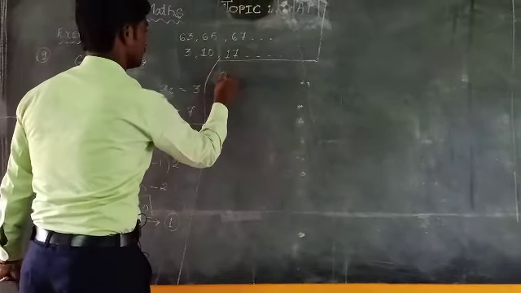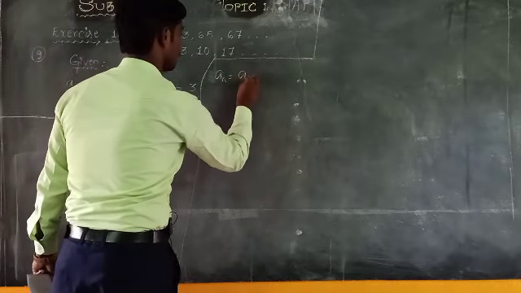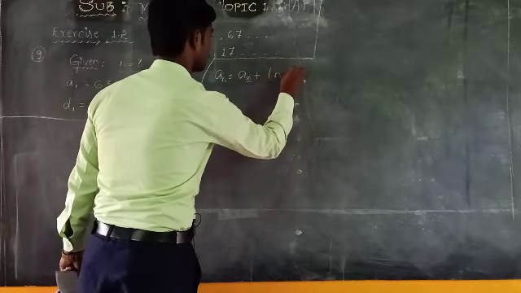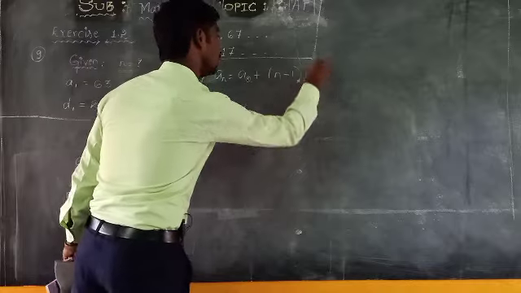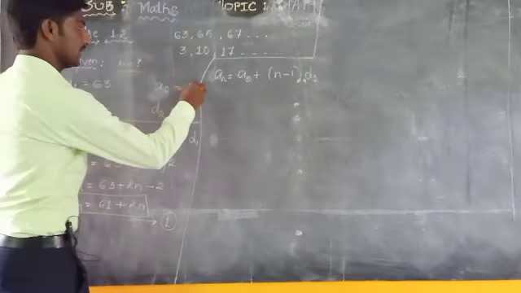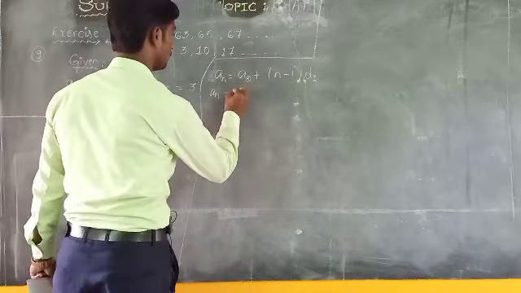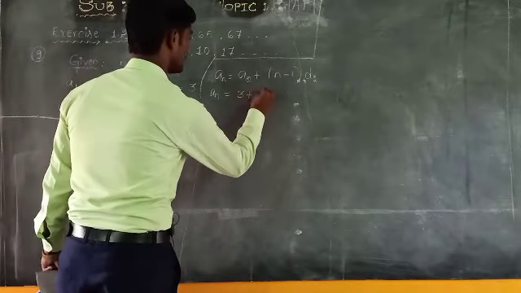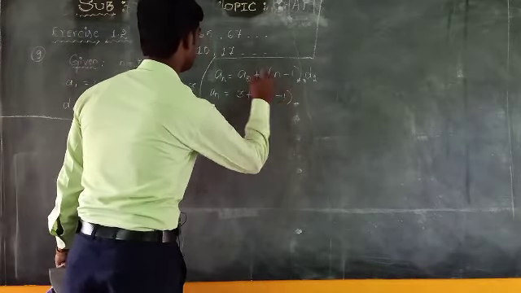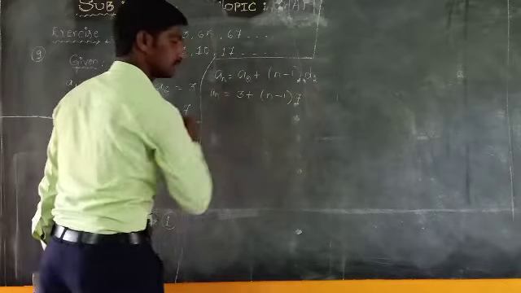So an equals A2 plus n minus 1 of D2. The nth term of the second sequence is 3 plus n minus 1 of 7.